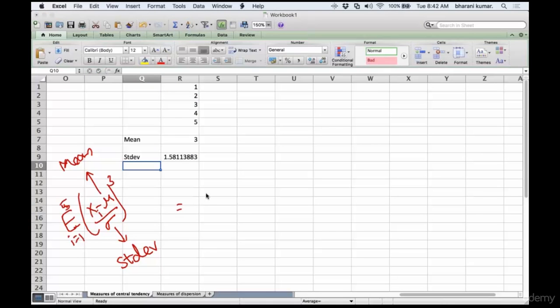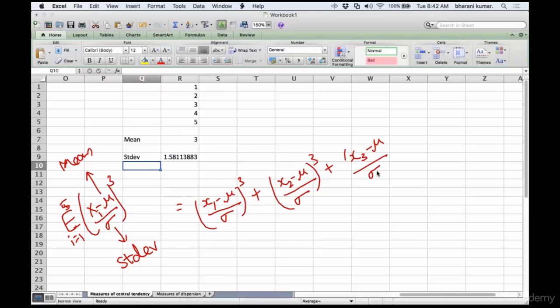If you want to expand this, it will be (x1 minus mu) by sigma whole cube, plus (x2 minus mu) by sigma whole cube, plus (x3 minus mu) by sigma whole cube, plus (x4 minus mu) divided by sigma whole cube, plus (x5 minus mu) by sigma whole cube.